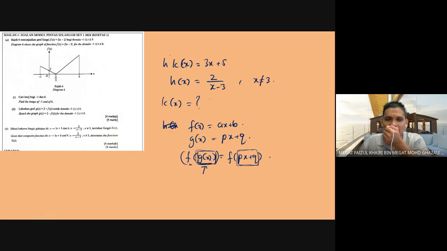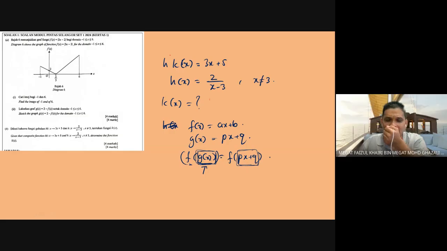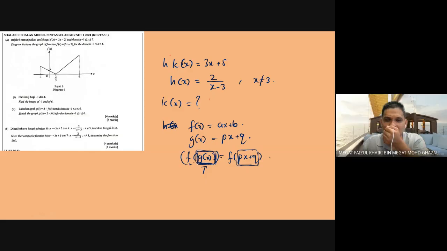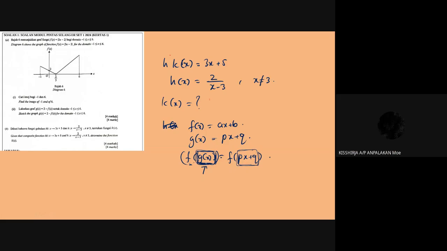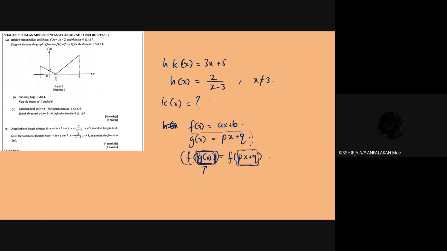Okay, listen to me again. Okay, this function f(g(x)), the function of g(x) inside, we substitute the whole function of g(x) into x of the function f. So px plus q is the function of g(x) here now. Am I right? Yeah.